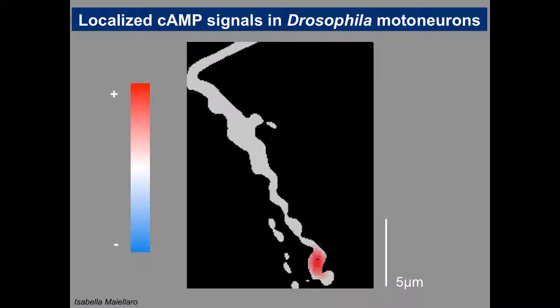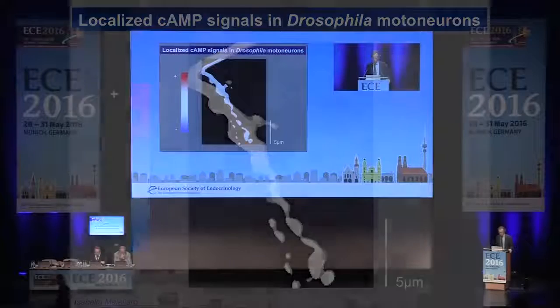these changes in blue are also limited to the single bouton, which means cyclic AMP, although you think it's a diffusible messenger, seems to be constrained in a cell and can be constrained to a very small volume of about 1 micron or so. How the cell does it is completely unknown.